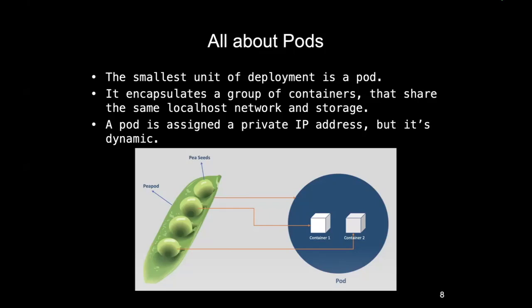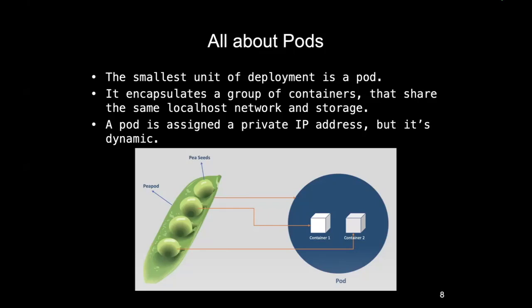But the fundamental, lowest or most primitive resource that you deploy to a Kubernetes cluster is called a pod. And I did talk a little bit about pods to you when we started looking at this topic originally. But as far as we're concerned, there's a one-to-one relationship between a pod and a container.